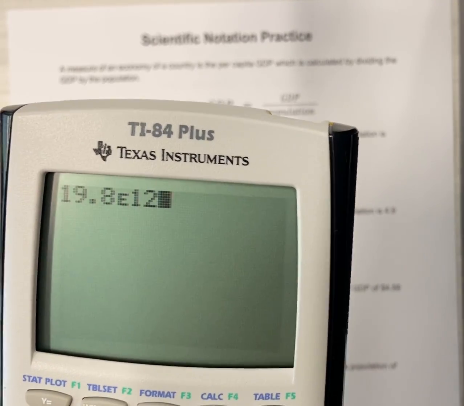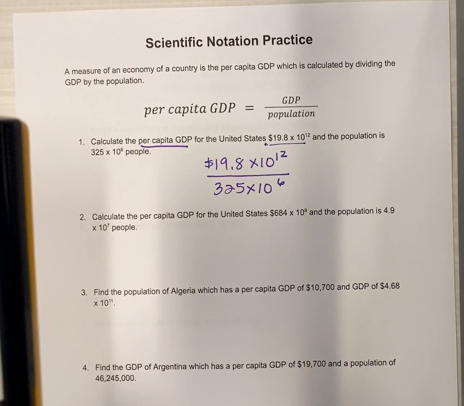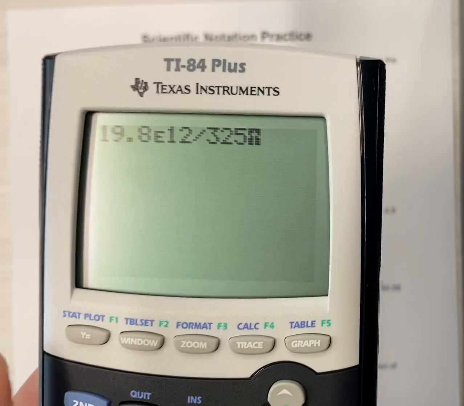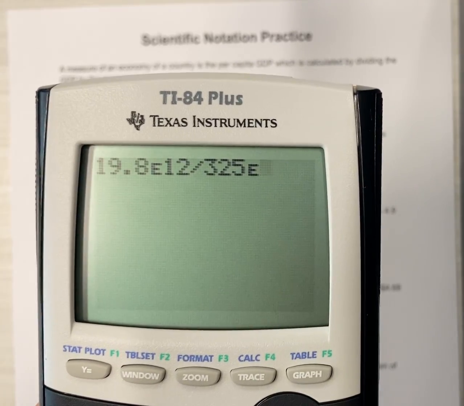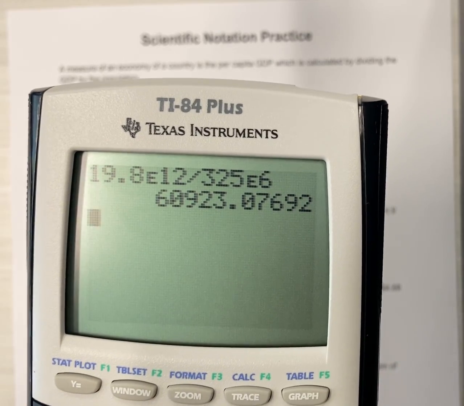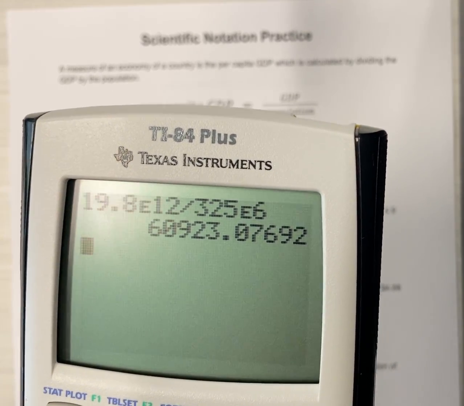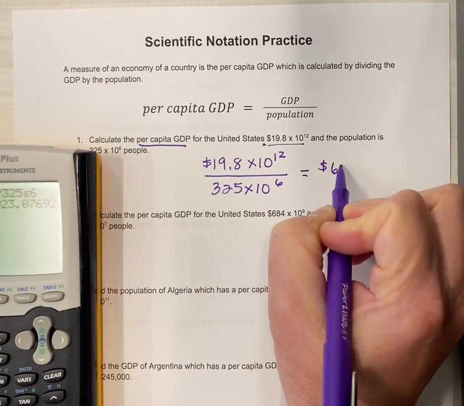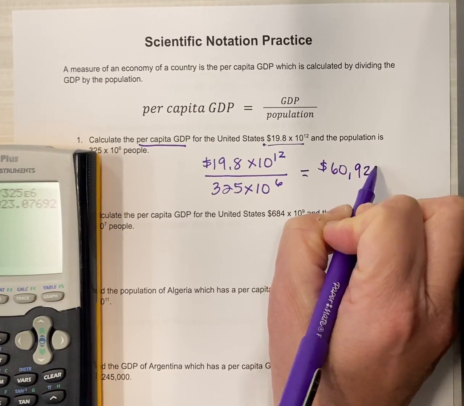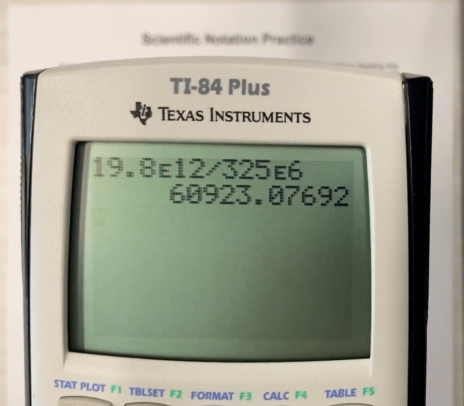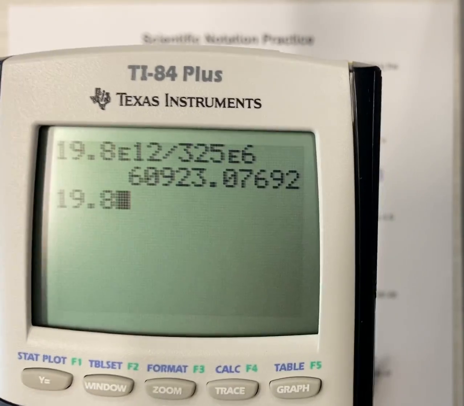And then I'm going to hit divide by, and it was 325, second comma, so that E and then 6. When I do this, I'm going to get basically 60,923. So I'm going to give my answer of 60,923.